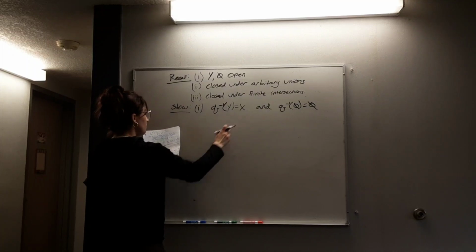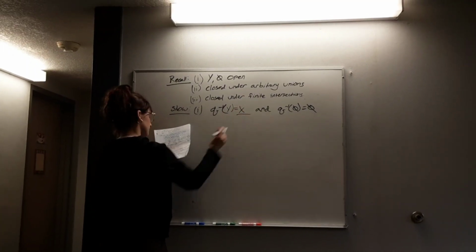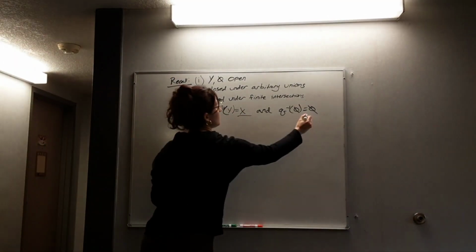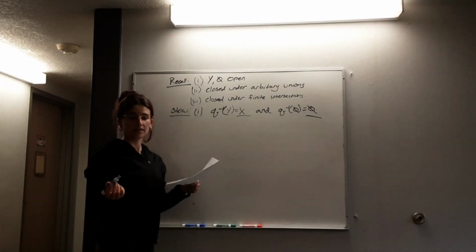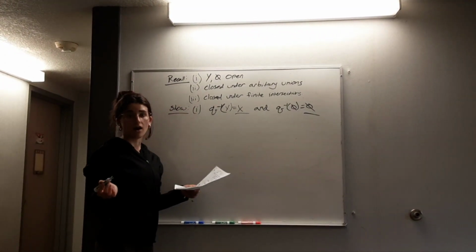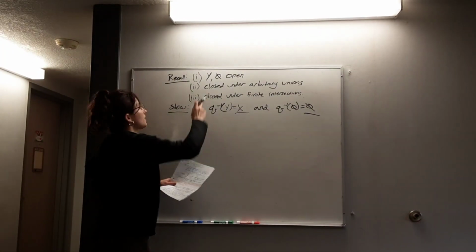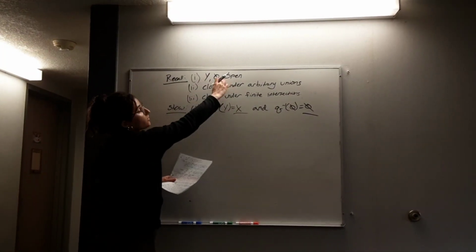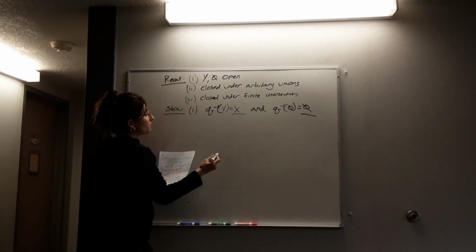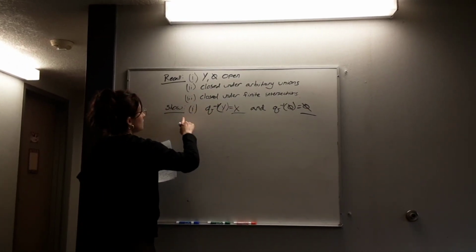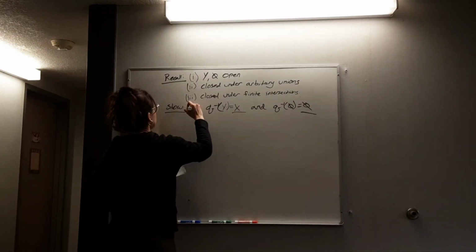And we know that X and the empty set are open in X because the topology on X that we've already established already satisfies these 2 conditions here. So we have just shown that the quotient topology satisfies this first condition.